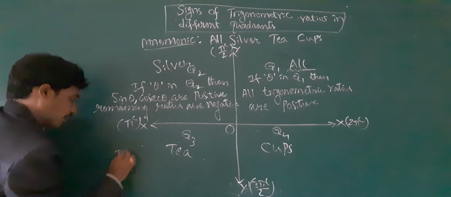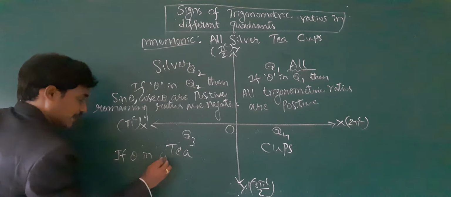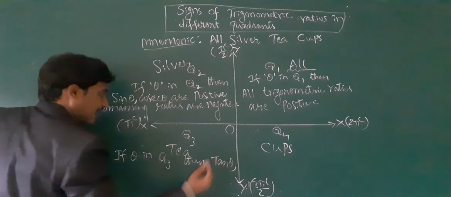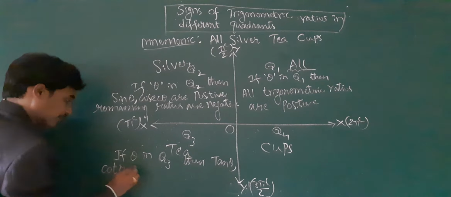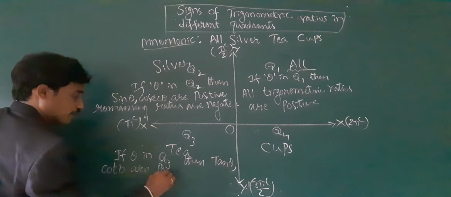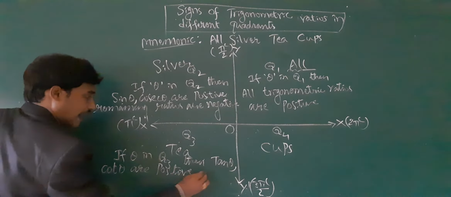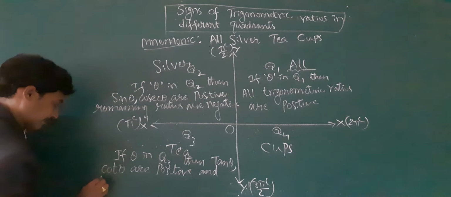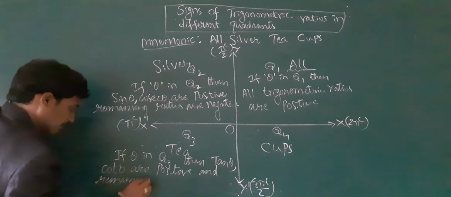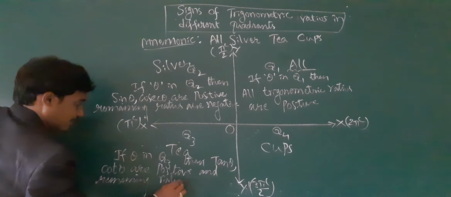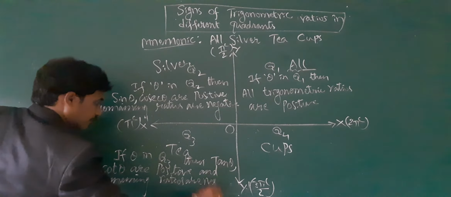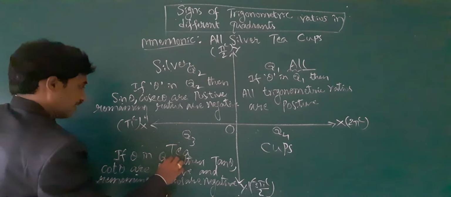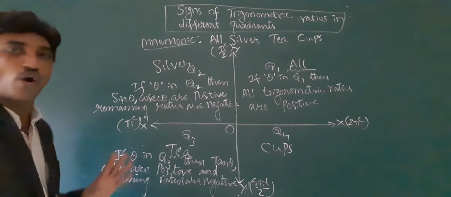If theta is in Q3, then tan theta and its reciprocal cot theta are positive and the remaining trigonometric ratios are negative. Here T refers to tan theta and cot theta.